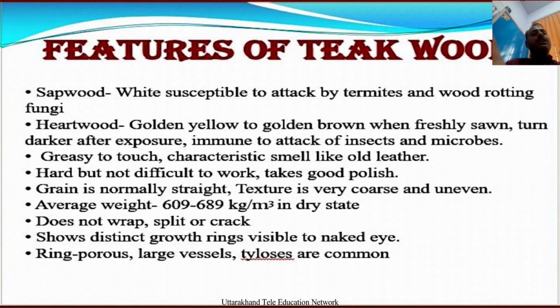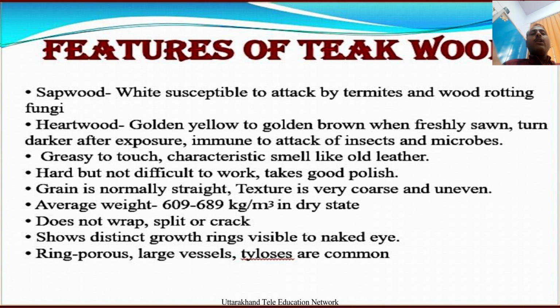Some other features of wood include, as far as sapwood is concerned, it is white and susceptible to attack by termites and wood rotting fungi. So this is a sort of demerit, but only sapwood is susceptible.